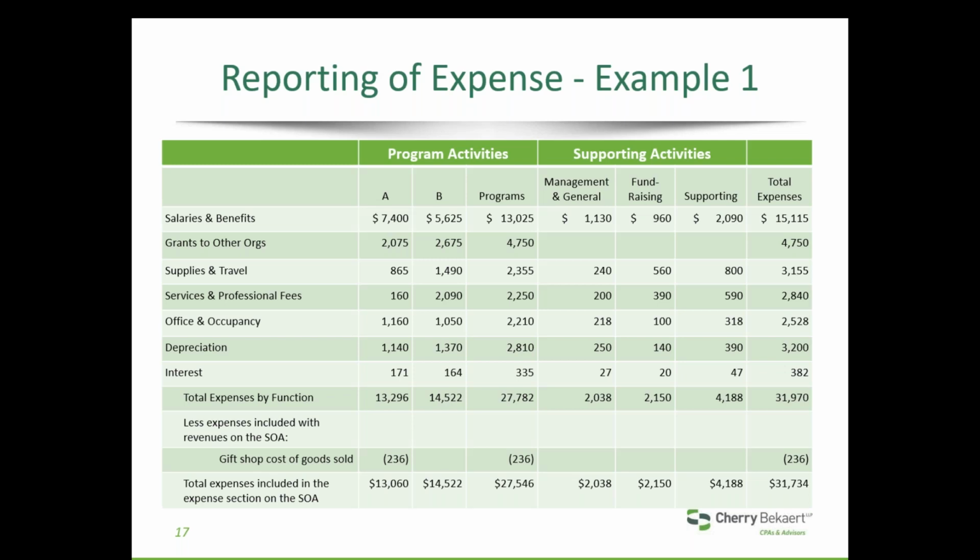Then they subtotal the programs and they subtotal the supporting to get to your total expenses on the right side. The statement of functional expenses or the schedule in the notes should reconcile back to the statement of activities. One of the items that was excluded from the expense section on the statement of activities in this case is the gift shop cost of goods sold at the bottom. So in order to tie back to total expenses shown on the statement of activities, they've excluded that and shown a subtotal at the bottom.